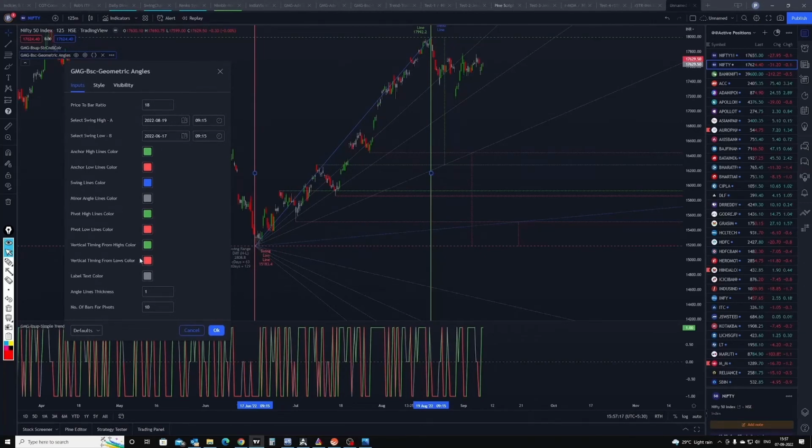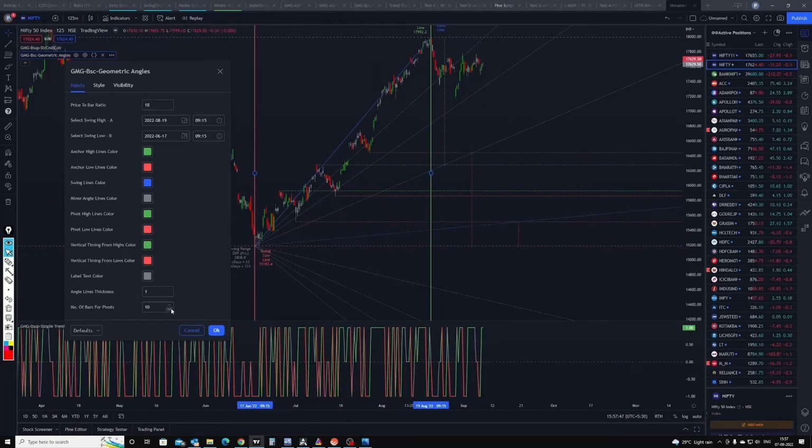In the indicator setting, if you see this entry, number of bars for pivot, this means that the tool will be drawing pivot lines. If this is not there, then that tool does not need pivot lines. So here it is set to 10. I'll show what will happen if I reduce it to 5, 6, 7 or 8. As you reduce the number, the pivot lines will increase.